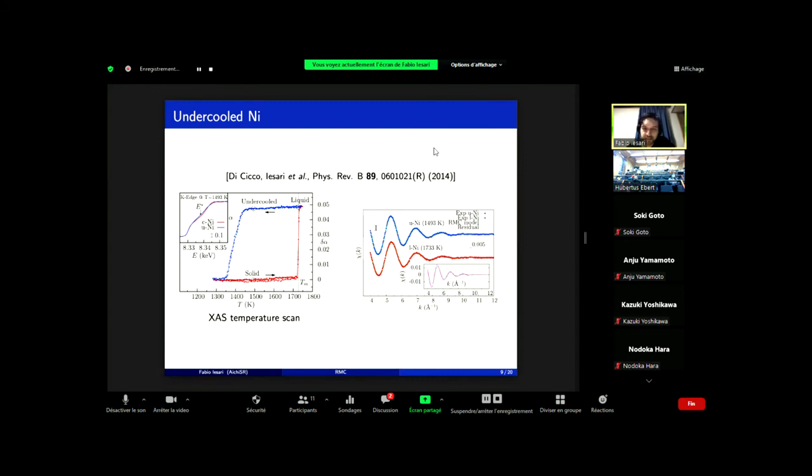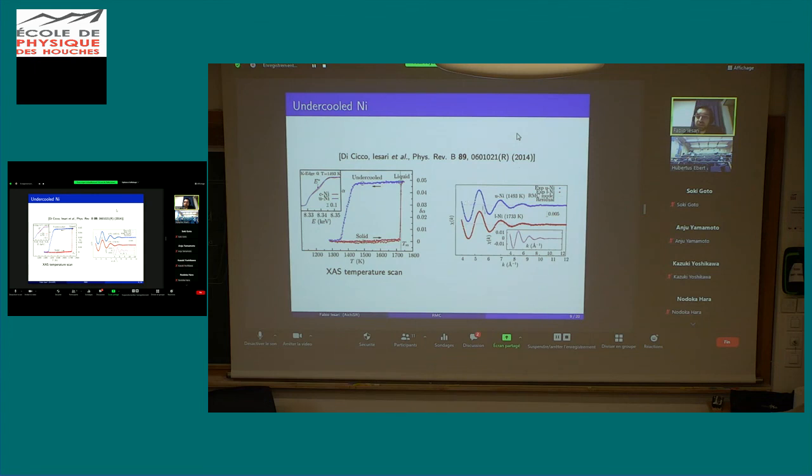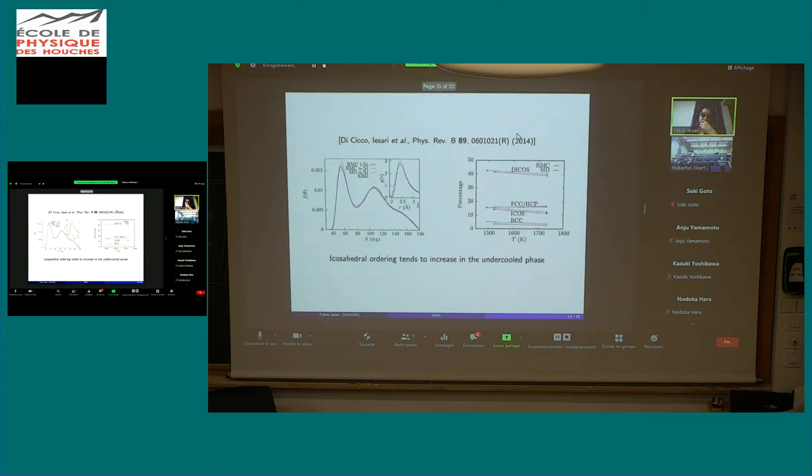To study this, we performed the GNXAS experiments at these two different liquid phases, and here you see the GNXAS sigma, and they are quite similar in the liquid phase, of course, because it's very much disordered. But if you compare them, there are some differences. What we did is that we performed the reverse Monte Carlo on these two datasets, and we calculated the bond angle distribution between nearest neighbors.